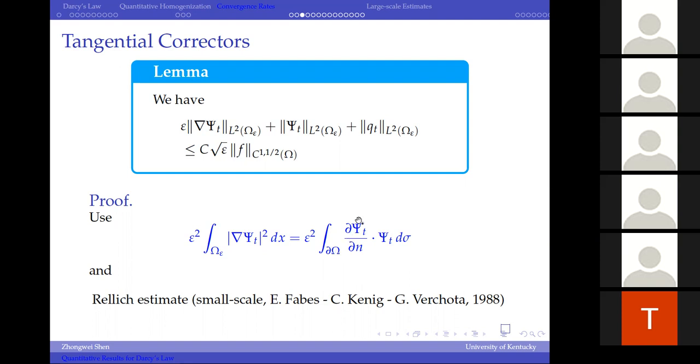So that's the idea, nothing more than that. You just cover the boundary of omega by neighborhoods of size epsilon. On each small neighborhood, you apply a rescaled radic estimate, and that's all you need to handle the tangential corrector.